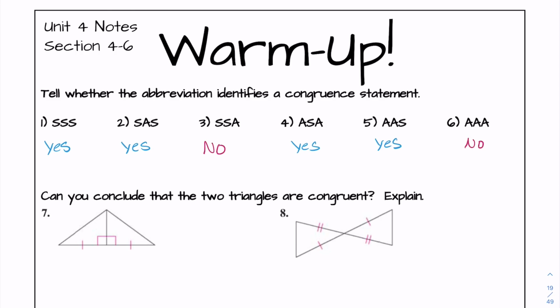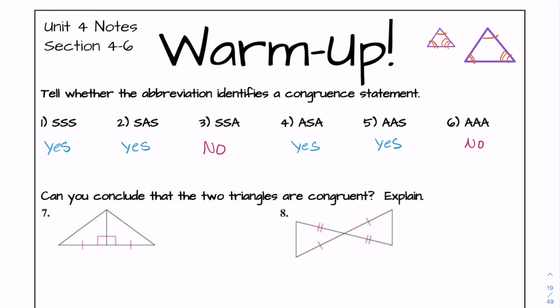Let's do angle, angle, angle first. So here's a triangle. Here's another triangle. I'm going to enlarge it, and I'm going to demonstrate that, yes, the angles might be congruent, but that does not make the sides congruent.